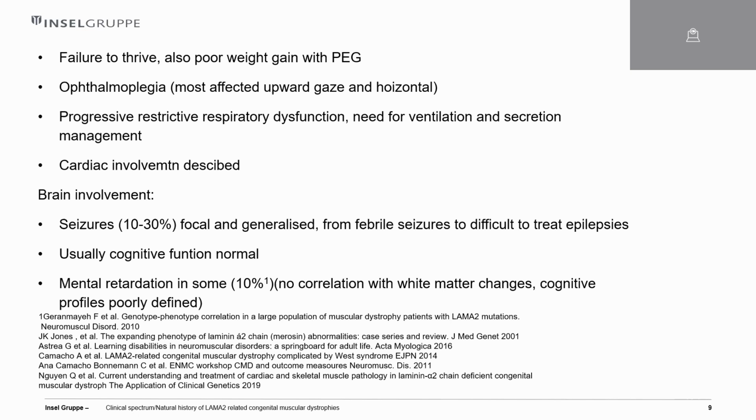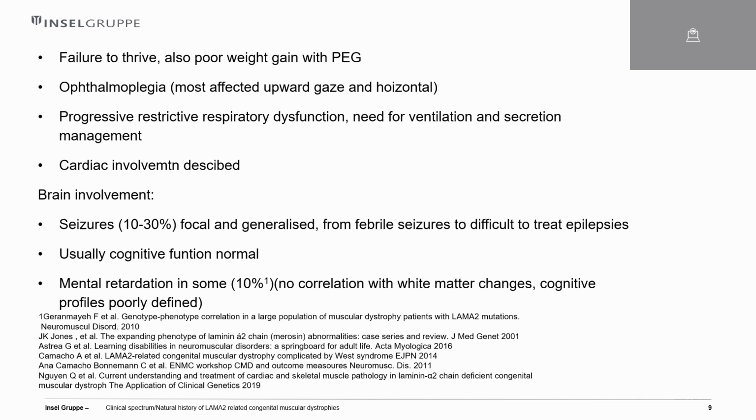Some have very easy to treat seizures, but then there are some patients who have really difficult to treat seizures, and we don't completely understand that either. So this is also something that we would need to know about the natural history.